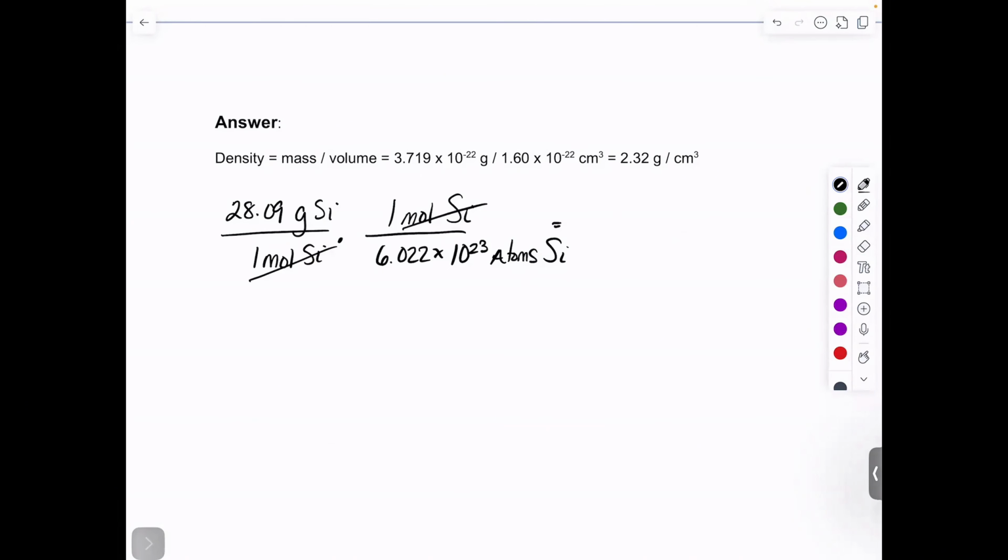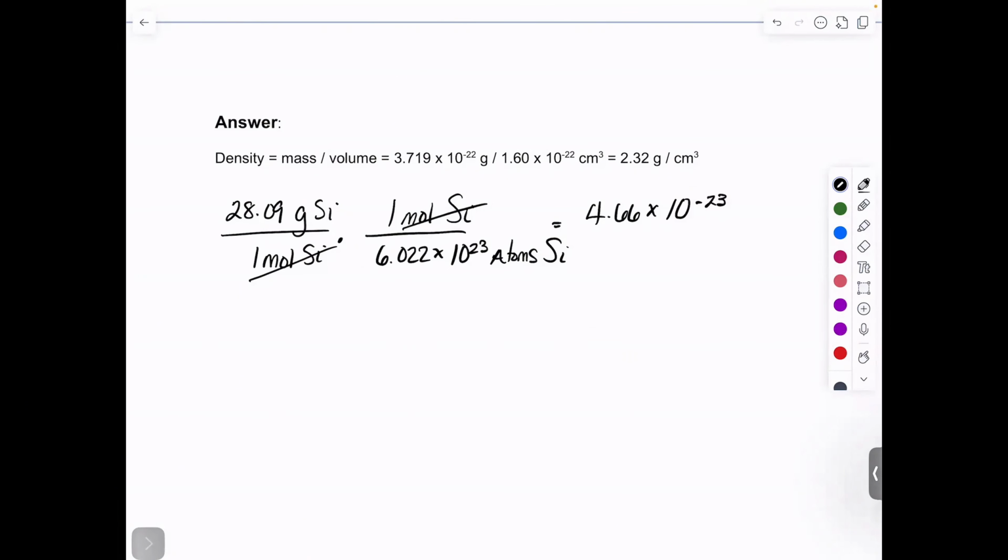So if we cross out our units, we should have, and I did run the numbers, I'll run them again just to be sure. I'm dividing out 28.09 divided by Avogadro's number. I get approximately 4.66 times 10 to the negative 23.